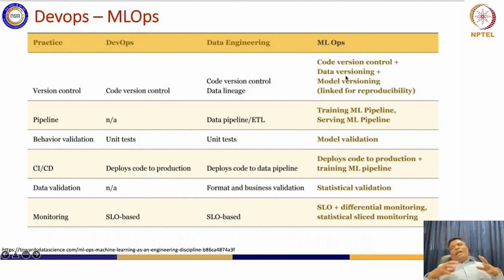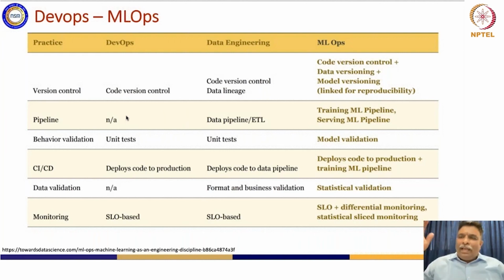And it basically meant that you are going to link DevOps with data engineering, plus adding this model-based versioning into it, right? When you talked of pipelines, initially DevOps did not have any concept of pipelines because you only had to ensure version control.